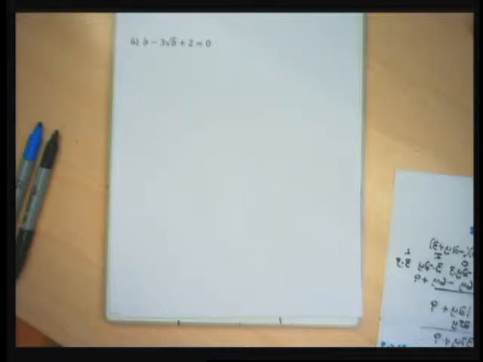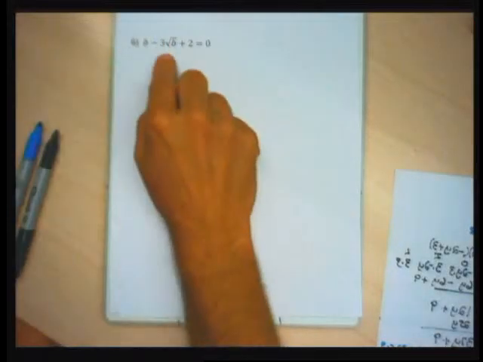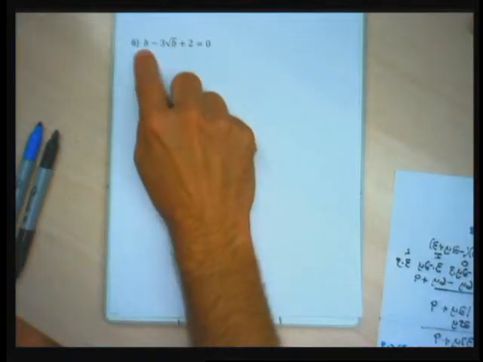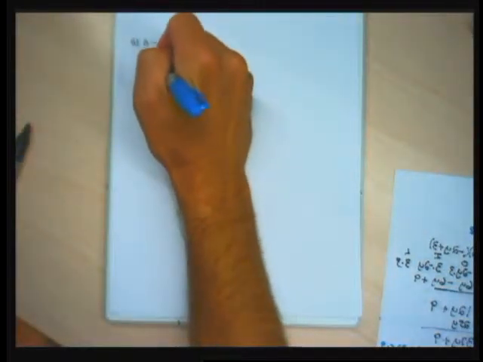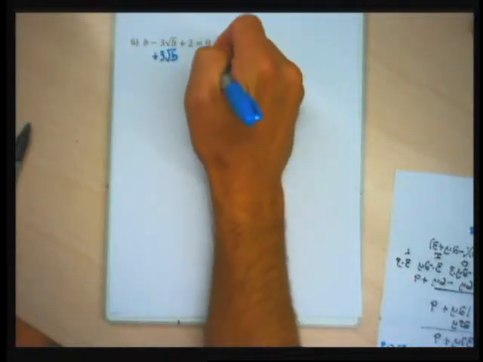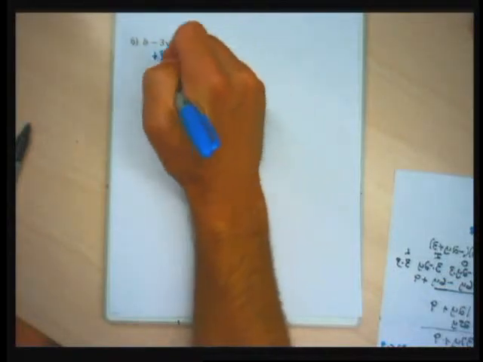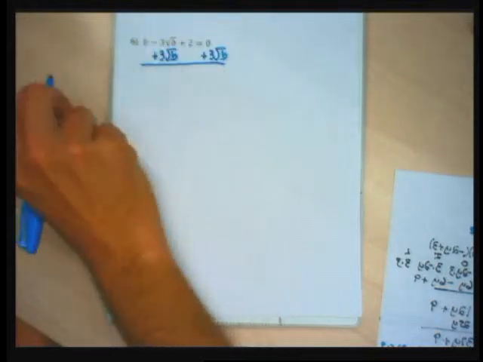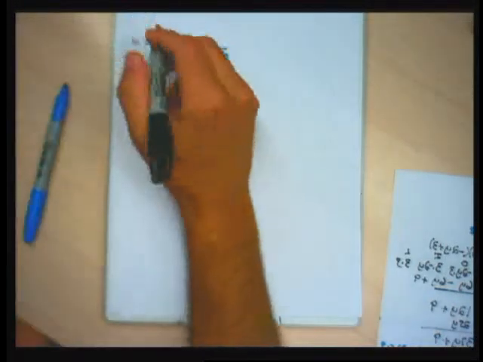On this problem, if I did the same thing and minus b and minus 2 from both sides, there'd be a minus in front of the b, the square root, and the 2. It's probably easier to add the square root of 3 times b to both sides, and that leaves everything positive.